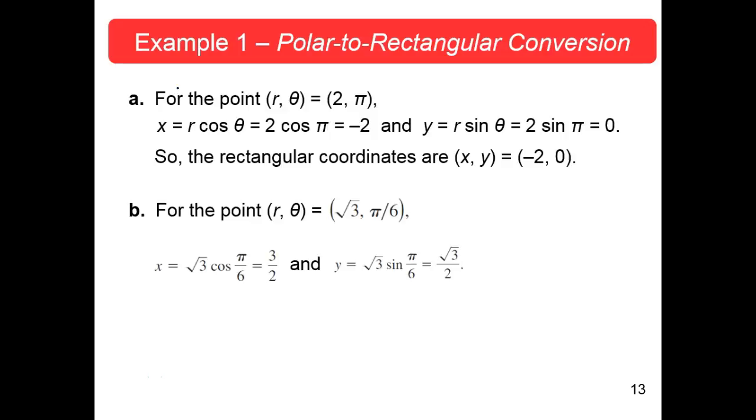Okay? And what's your y value? r sine theta, which is root 3 times what's the sine of pi/6? 1/2. Okay? So it's root 3 times 1/2, which is root 3 over 2. Okay? So the x value would be 3 halves, y value root 3 over 2.